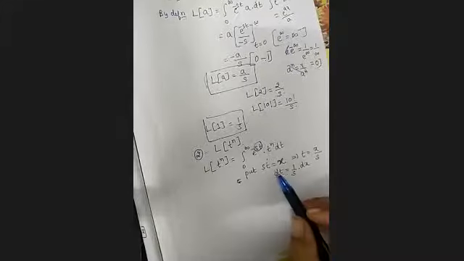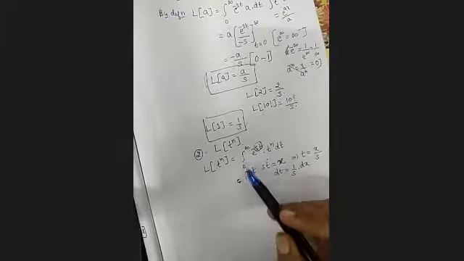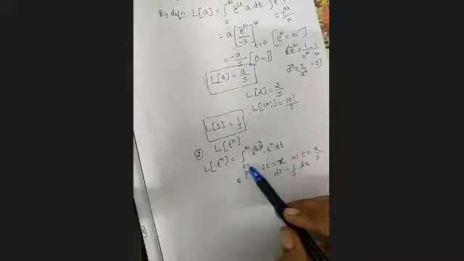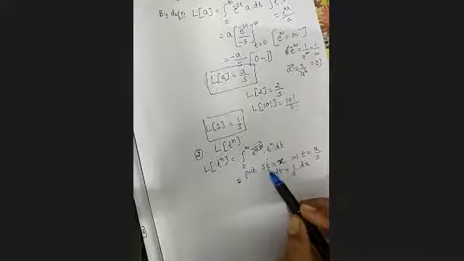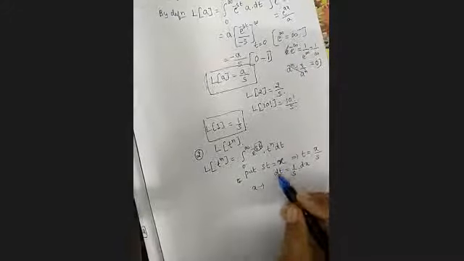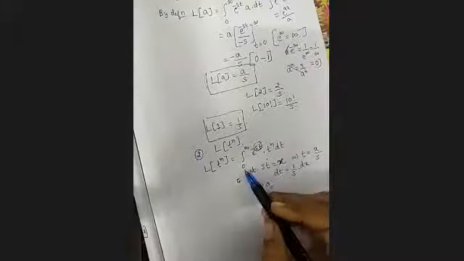Again, you also need to check the limits. Now the limits are for t. When you have such an infinite type of limit, if I put t as 0 here, what will be the value of x? It is 0.